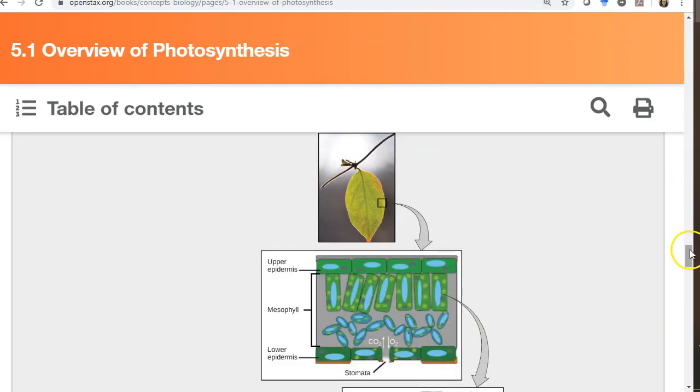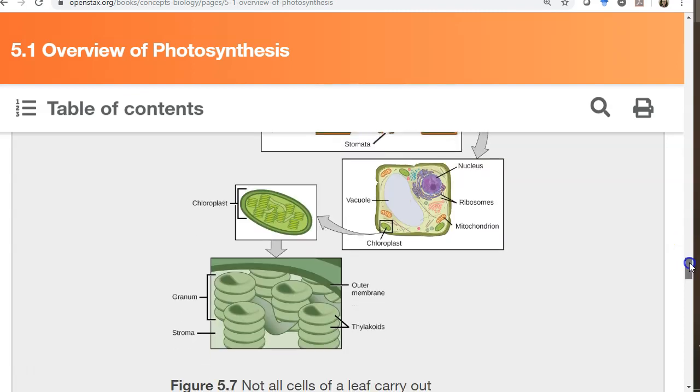So I make a big deal about talking about membranes and membranous organelles when we're just talking about what organelles are. So the big deal about membranes is there's a lot of surface area. So when the energy of a photon enters the mesophyll of the leaf, it excites the molecules in these stacks, and these are called thylakoid stacks, and they have granum and stroma.